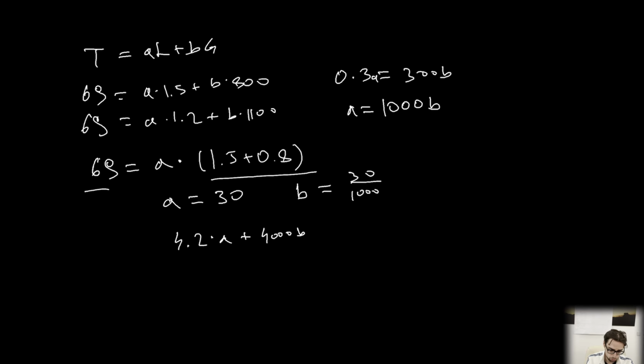And now what is this? Well, 4.2 times 30, so that's 42 times 3, plus 4 times 30, which is 126 plus 120, which is 246. And so the correct answer is B, 246.